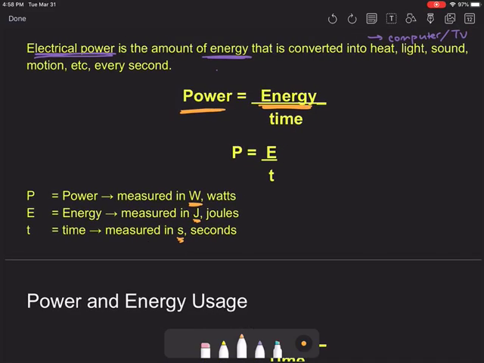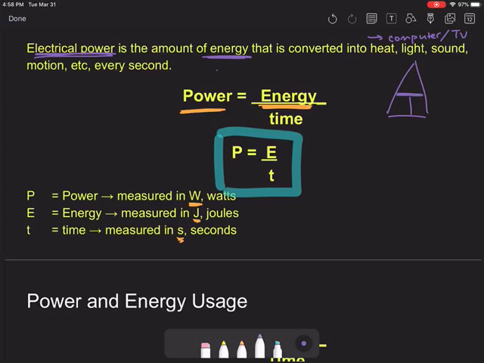So this is a formula, again, that you will be provided with. Just like the other equations, we might sometimes have to rearrange it, because maybe sometimes we want to find energy, or we want to find time because we're given power. And again, we could use our little triangle trick here.